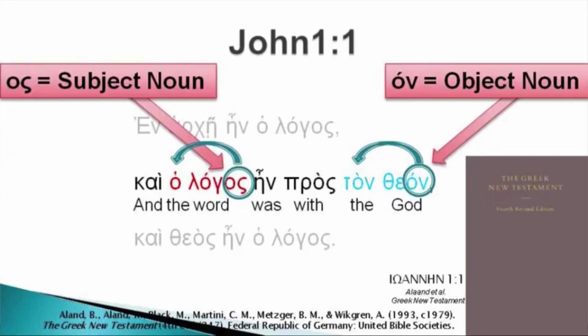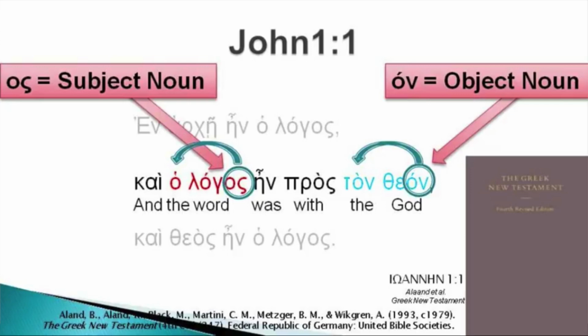Well, what they did is they went back to the Greek grammar rule that lets us know that if the sentence contains two subject nouns, right, two os ending words, logos, theos, then we can borrow the grammar rule that talks about if there is an article in front of one of those subject nouns, then the one with the article becomes the subject.